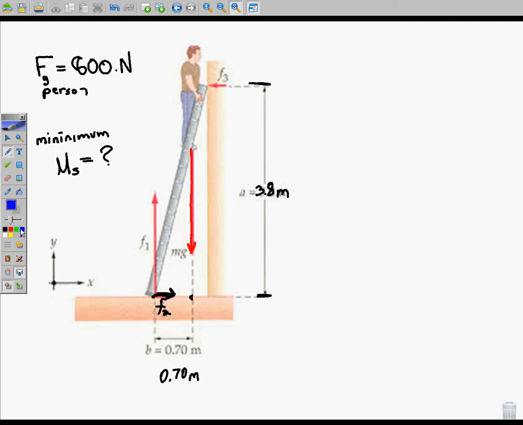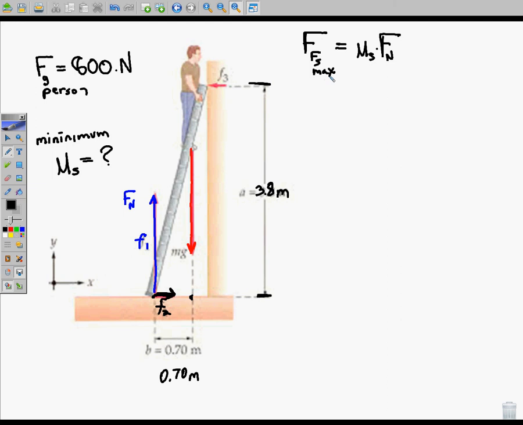This force right here is how much the floor is holding up on the ladder. They're calling it F1, but what is that normally called? Normal force. So we're going to call that the normal force. If we want to solve for that coefficient of friction, we know that the force of static friction is equal to mu sub s times the normal force, if it's the maximum friction force.